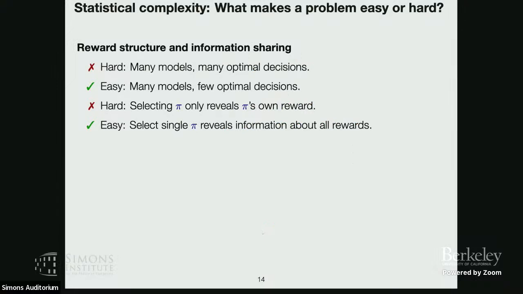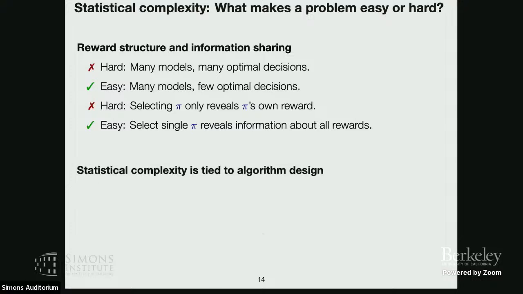To summarize the takeaways here, if we want to understand the statistical complexity of decision making, there's a bunch of considerations we have to look at. Do we have many optimal decisions or few optimal decisions? Does a given decision tell us something just about the reward at this one point or about the whole domain? And the point I want to emphasize again is, this really is an algorithmic problem.